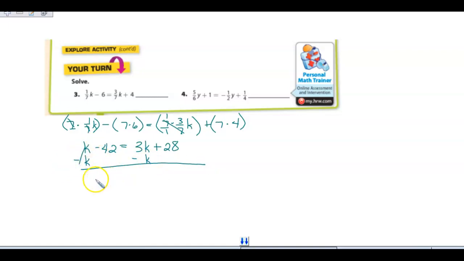That's gone. I have negative 42, because 0 minus 42 is negative 42. And that equals 2k, because 3k minus 1k is 2k, plus 28. Now I'm going to subtract 28 from both sides.